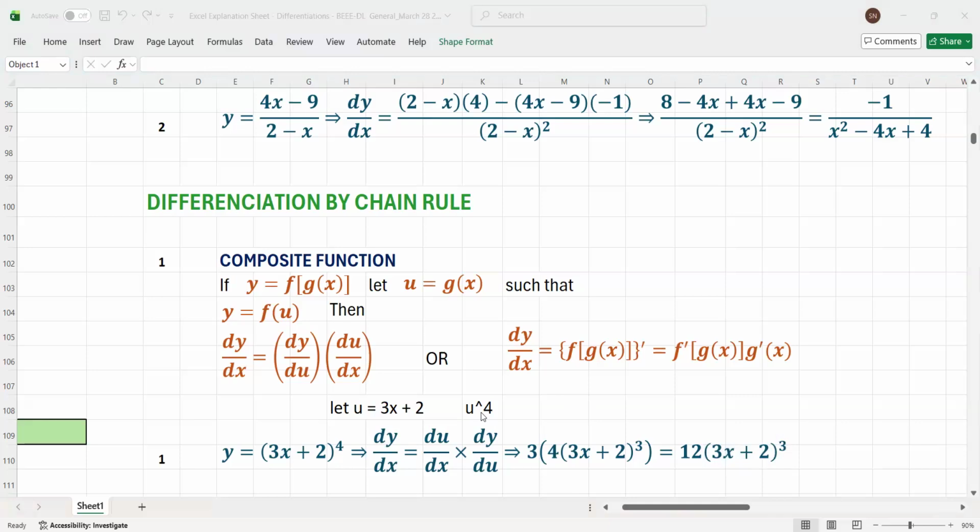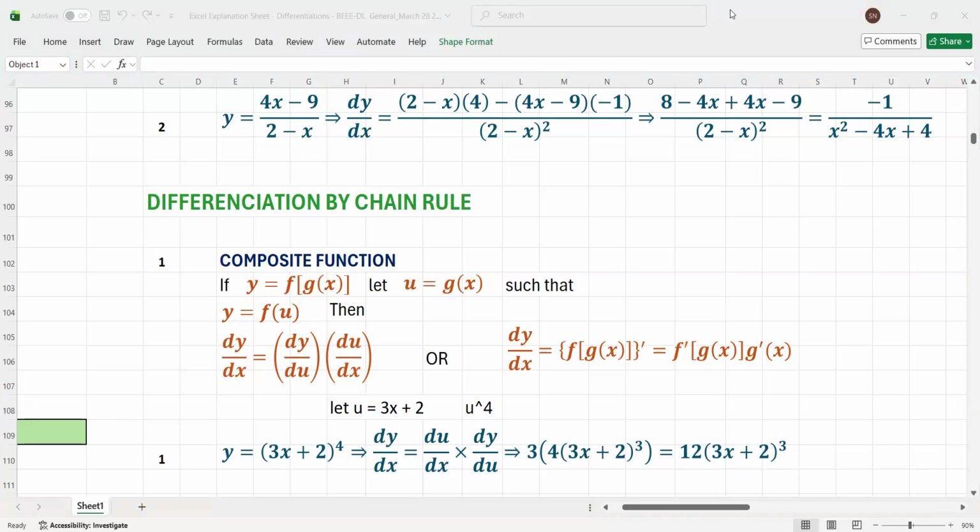Okay, so let me verify from the material we are using. Okay, I hope you are using the material that is online.